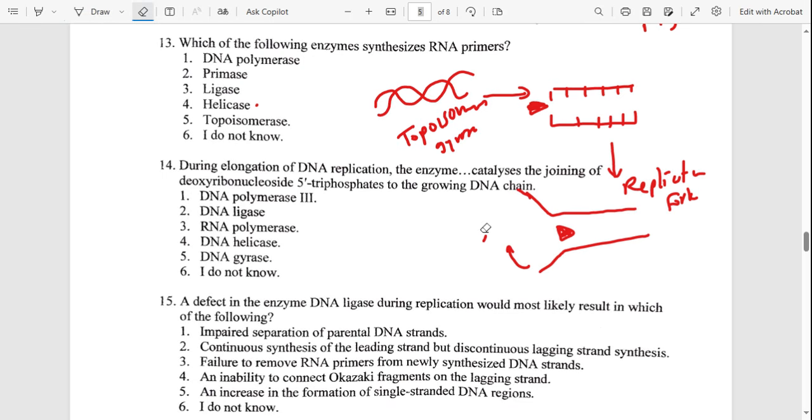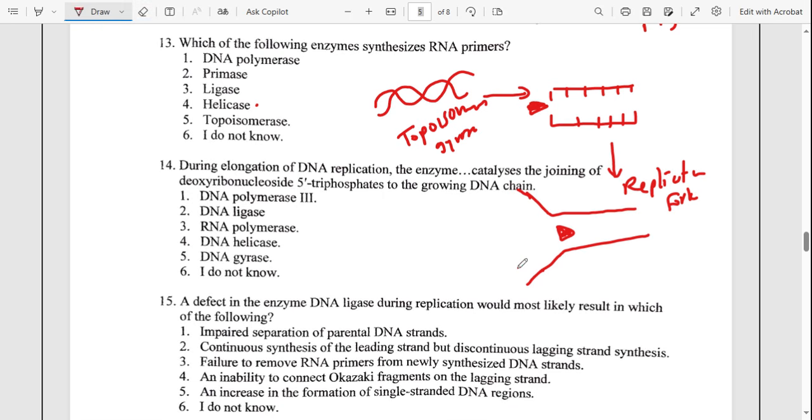So to prevent them from coming back together after separation, there's another enzyme known as SSB, single-stranded binding protein. This one will basically stop the separated strands from coming back together. As this is happening, another enzyme which we call DNA polymerase 3 is going to be coming in.